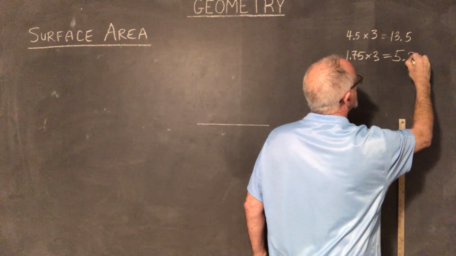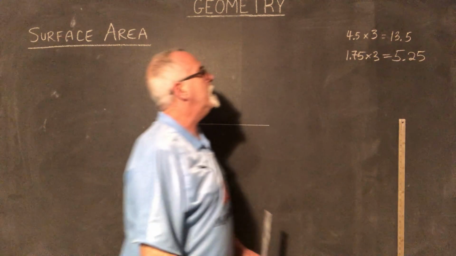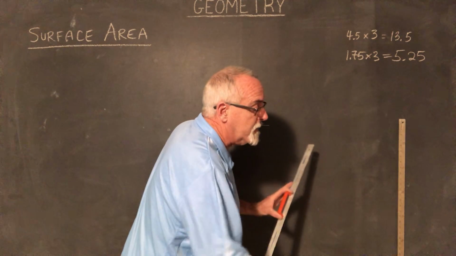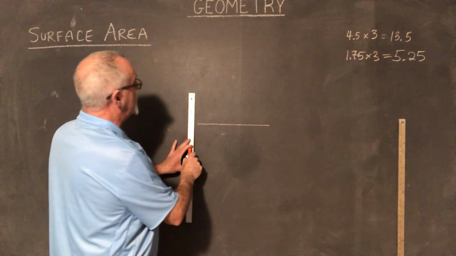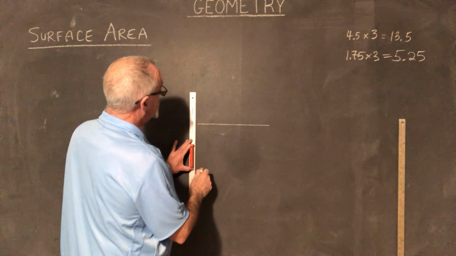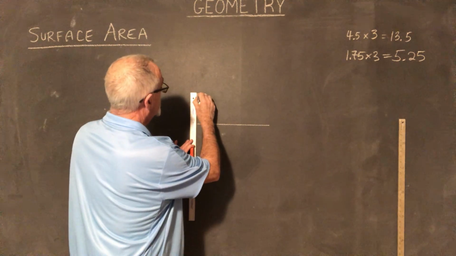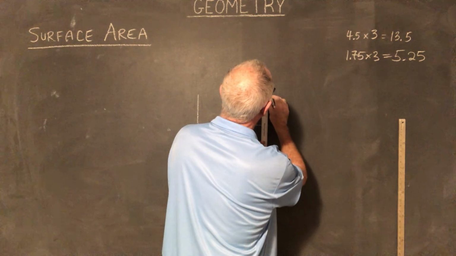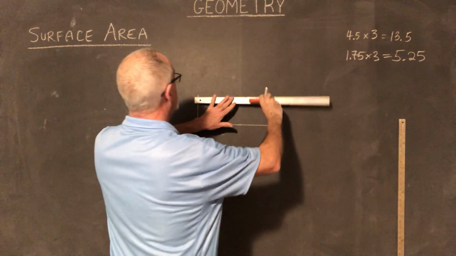I have to draw a line that's 5.25 inches long. That's not so bad. This is going to fit rather easily. And that line, I can draw it perpendicular to the first one, so I will. 5.25 inches. There. 5.25 inches. There. Okay, so I've drawn my first rectangle.